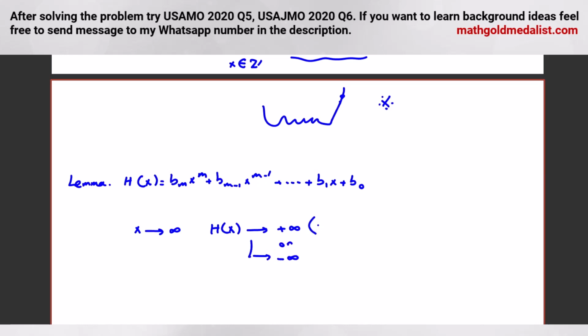Under what case does it go to positive infinity? Here suppose bm is non-zero. If bm is positive, yes, bm is positive. Exactly.